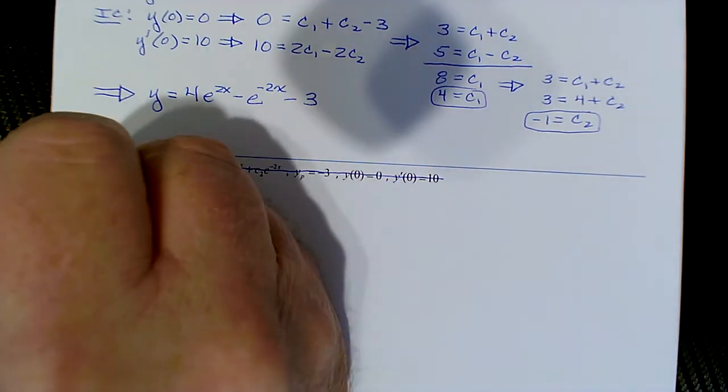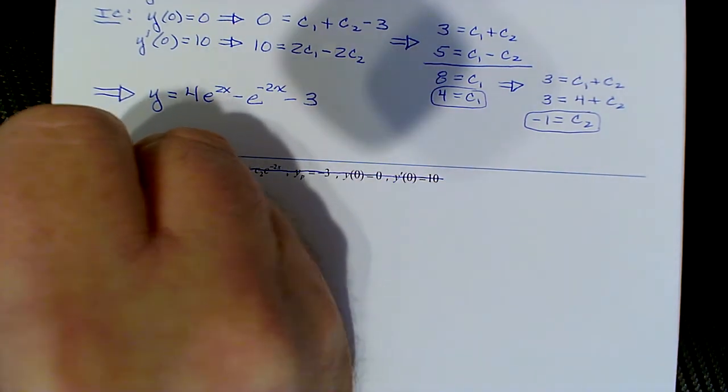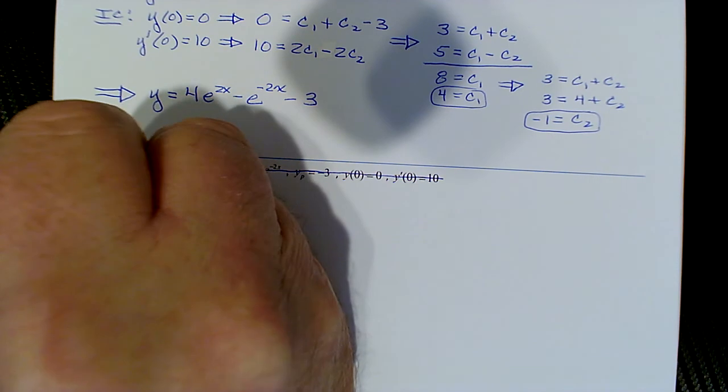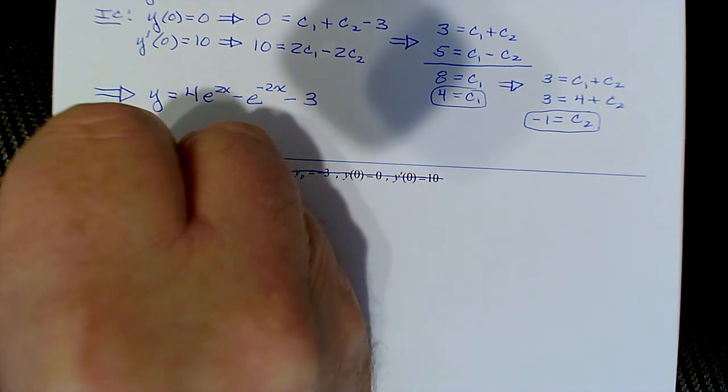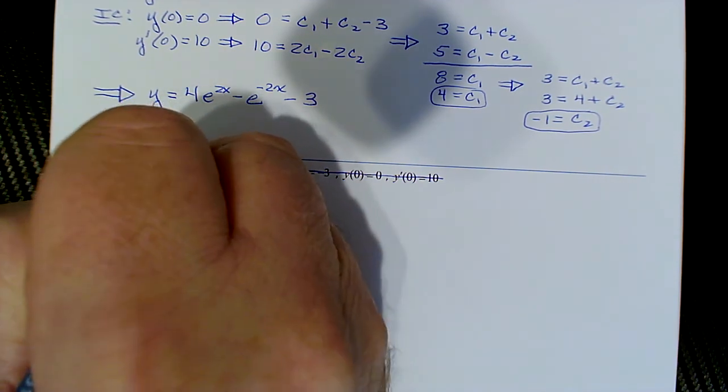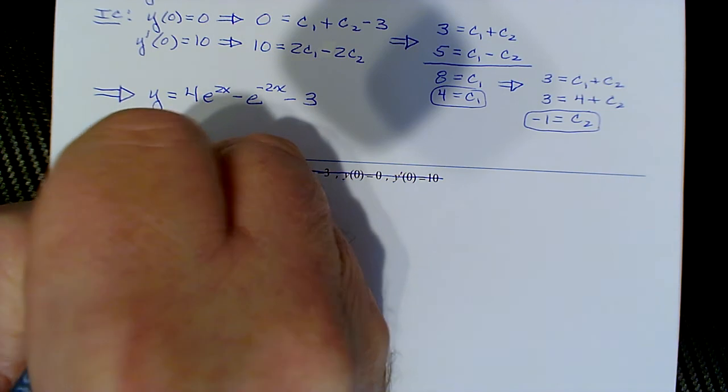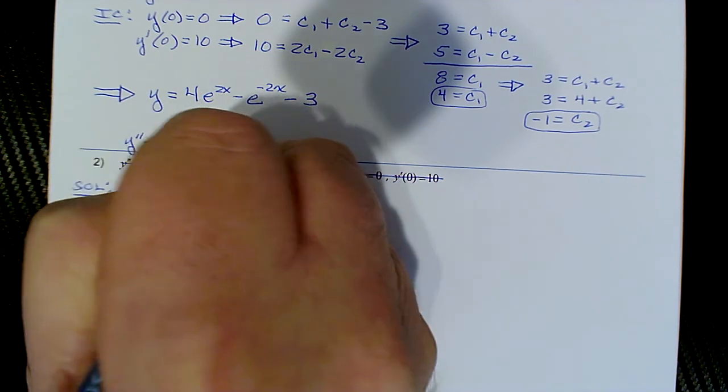Y double prime minus 2y prime plus 2y equals 2x.